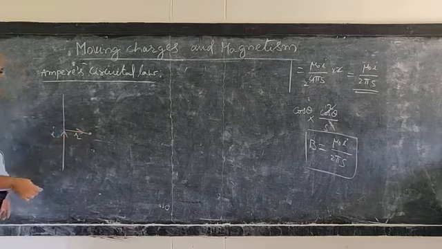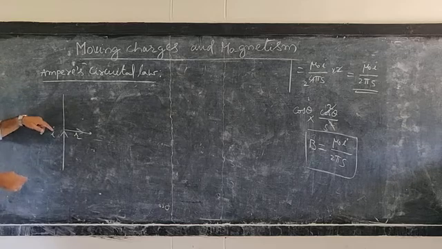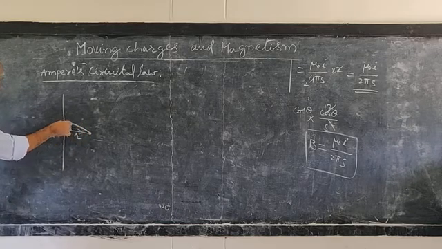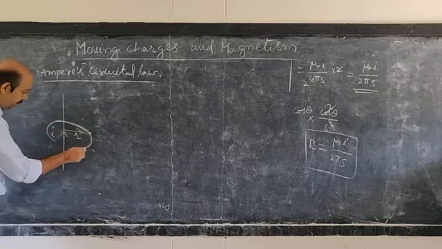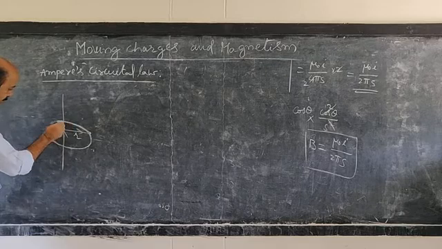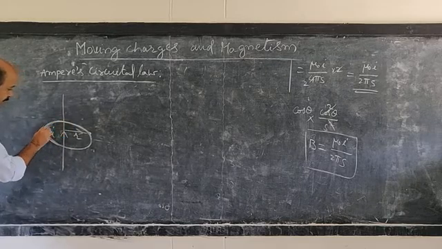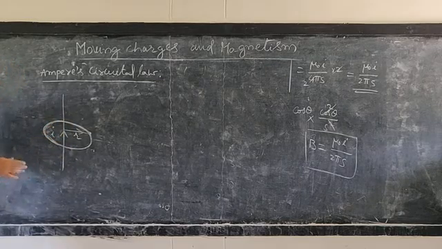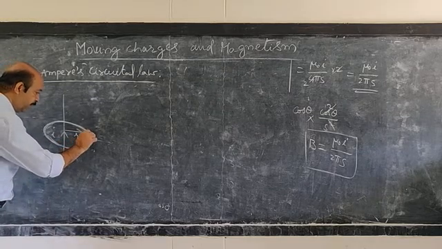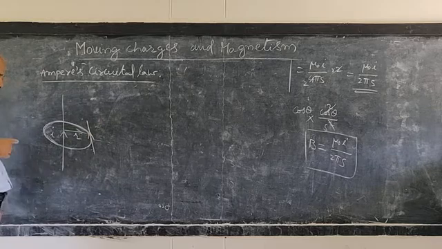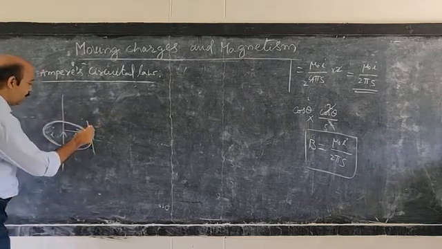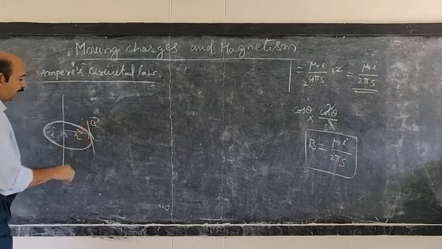But the locus of all those points at the same distance will be a circle. Now from our right hand thumb rule, the magnetic field will be along the direction into the plane of the board. So this will be the direction of the magnetic field.